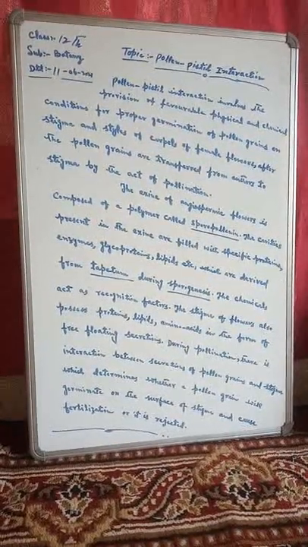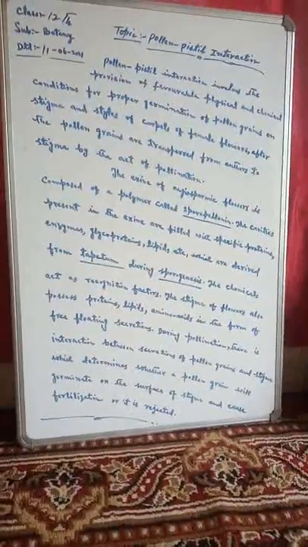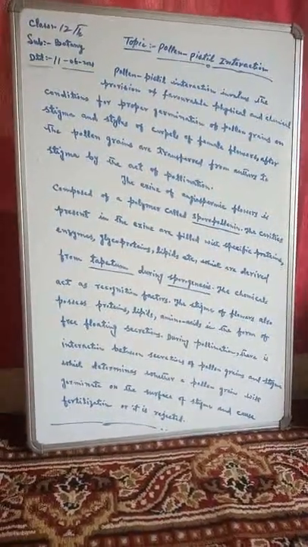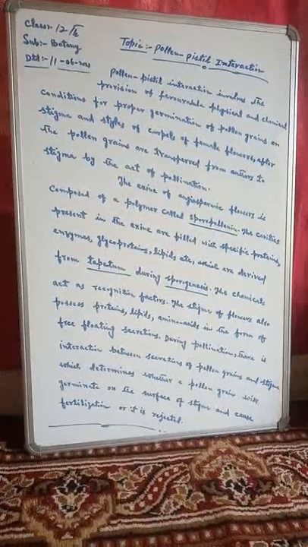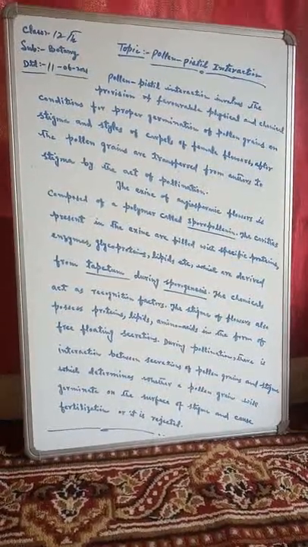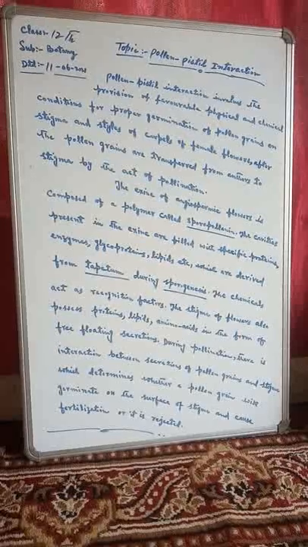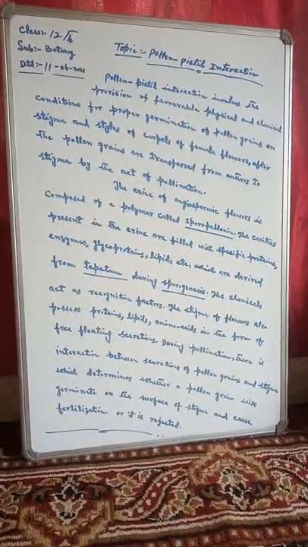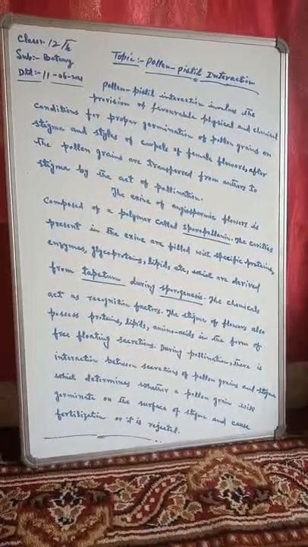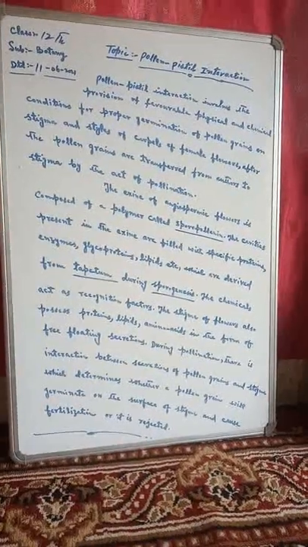Dear students, you know we have discussed many questions so far in the first unit, and today we will throw light upon one more question, that is the pollen-pistil interaction.